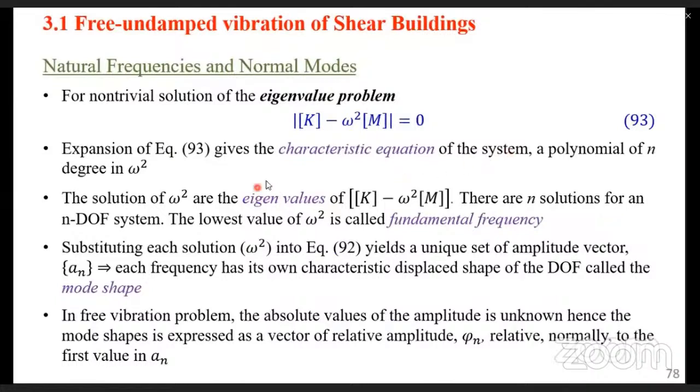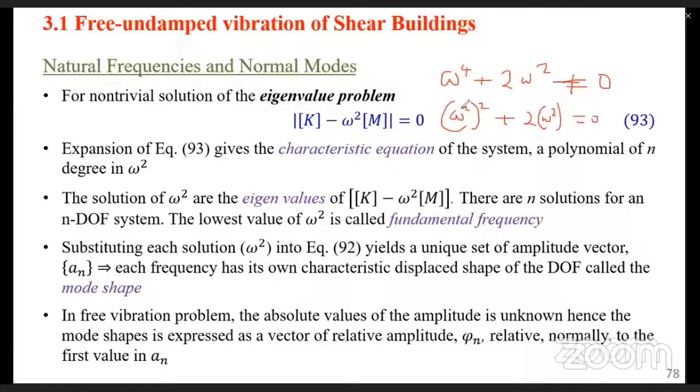And remember why we are saying the expansion gives a polynomial of n degrees in omega squared. Just to simplify the matter, if you have an equation like omega to the power 4 plus 2 omega squared equals 0, I can write it as omega squared, squared, plus 2 omega squared is equal to 0.